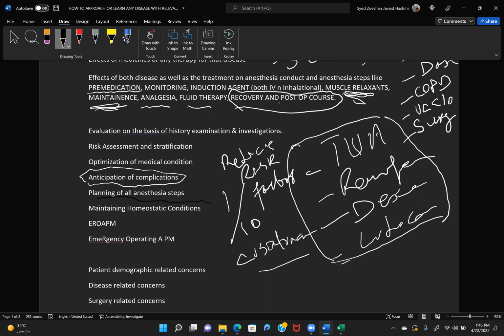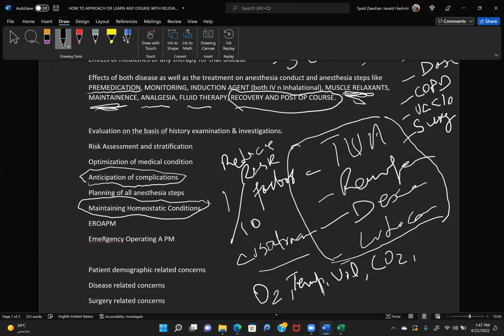This actually comes as my best friends. What I always tell: maintain normothermia, normal temperature, volume, CO2, blood pressure, and avoid hypercarbia and acidosis.